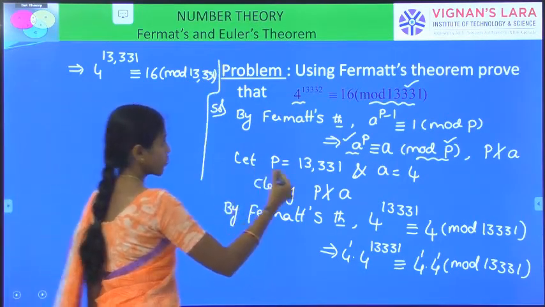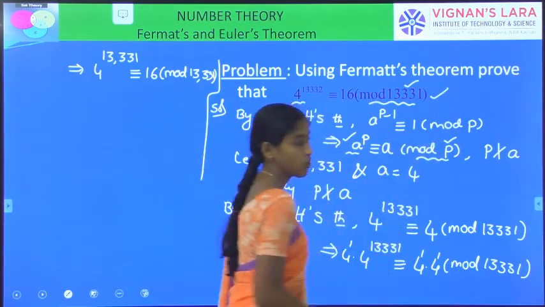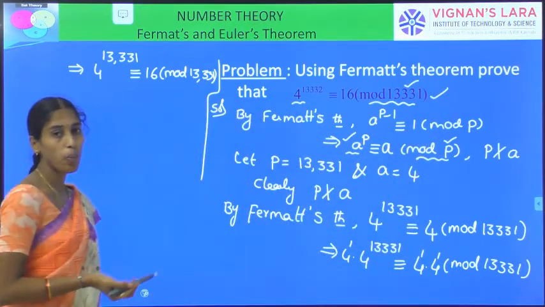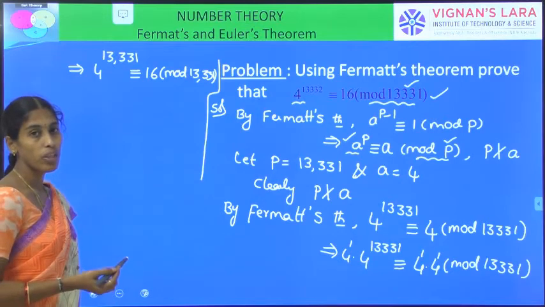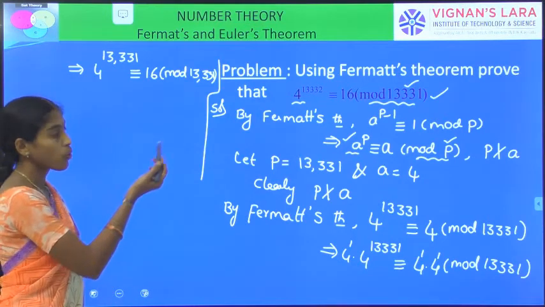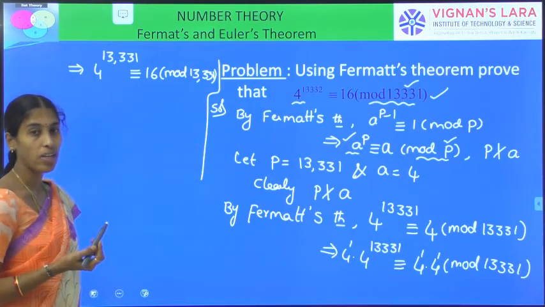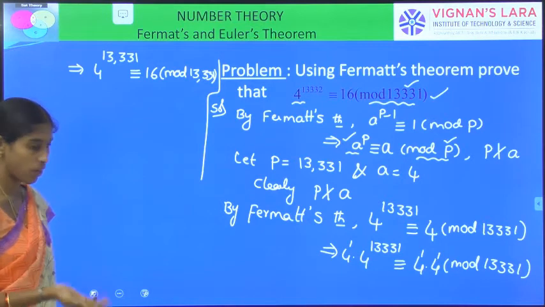Right? With this we prove that this is true. Like that we have to apply Fermat's theorem and prove whether that congruence follows or not by identifying the A value and P value.